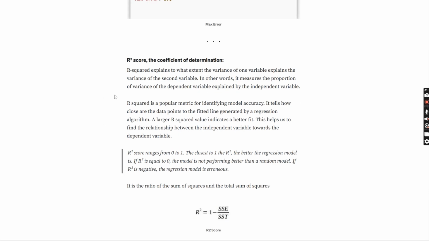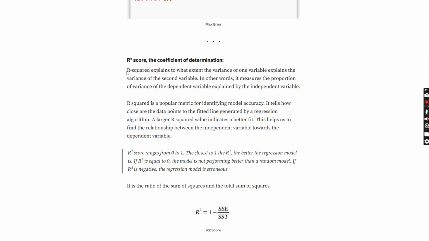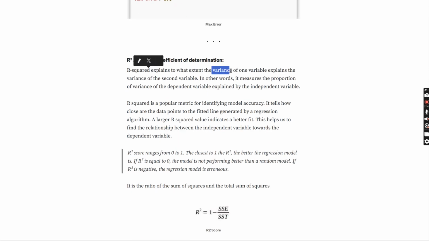Next is R squared, one of the top most asked interview questions in regression metrics: R squared and adjusted R squared. You have to understand these better. Now R squared, very interestingly, doesn't measure anything here like what it calculates here, but rather it measures the variance.